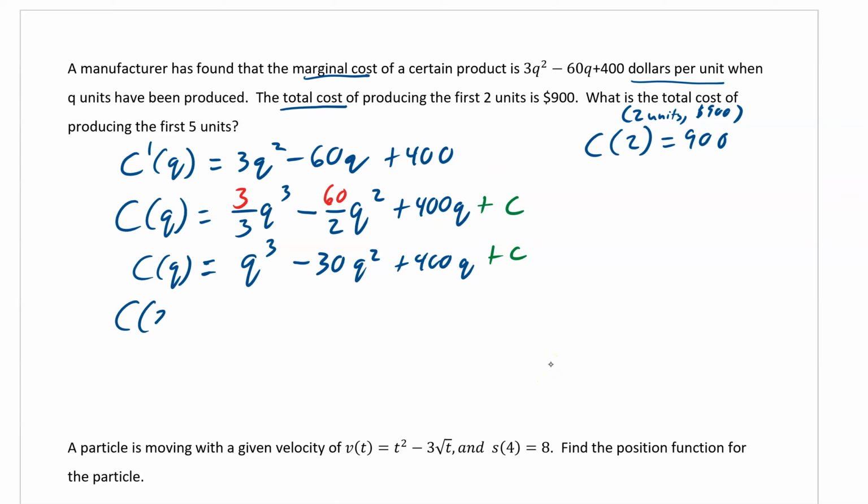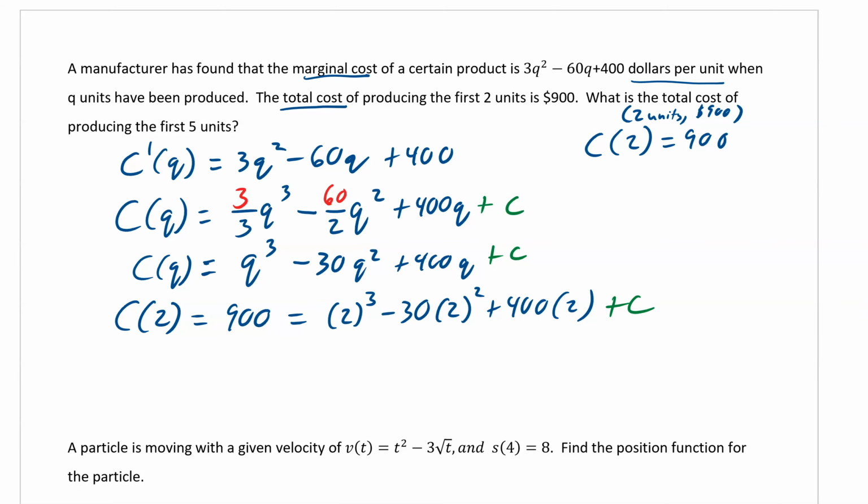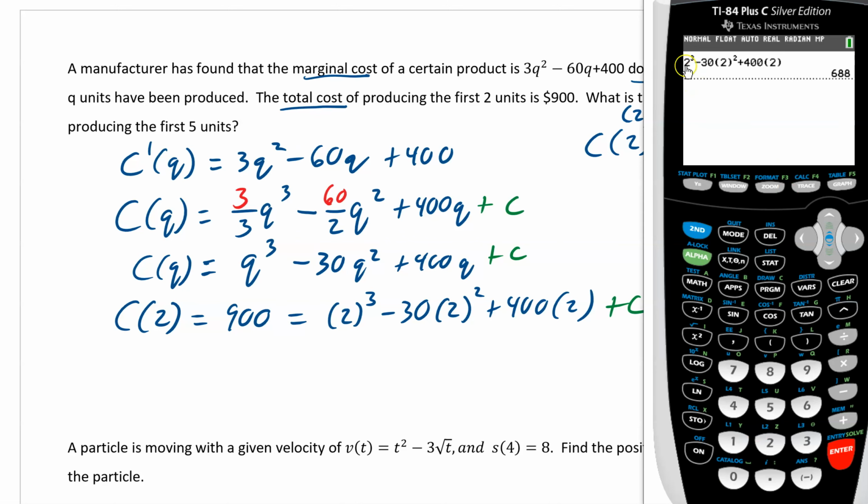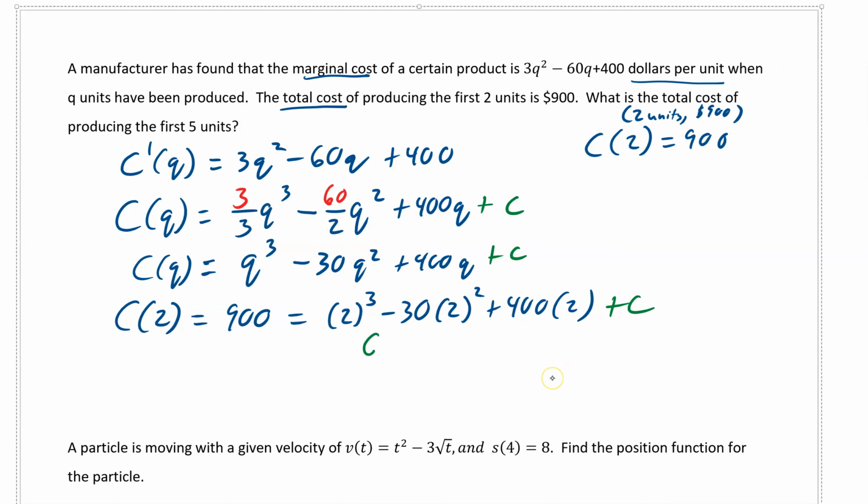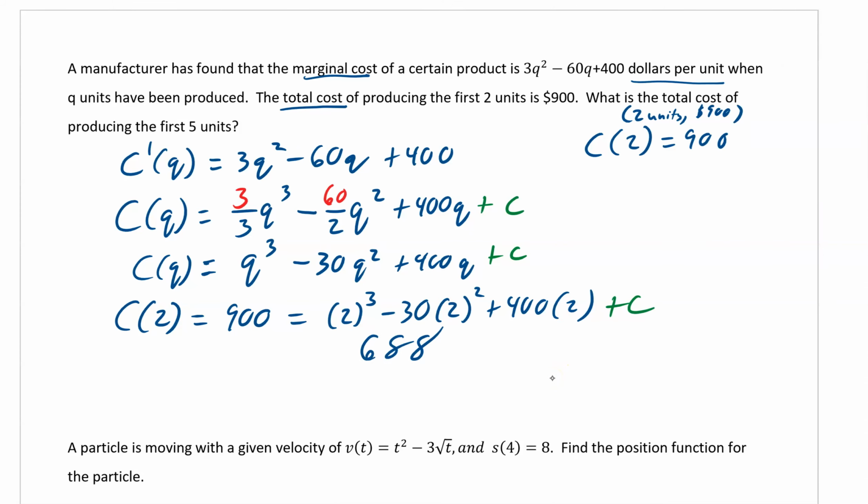So now if we plug in 2, we should get 900. So 2 cubed minus 30 times 2 squared plus 400 times 2 plus C. Plugging the right side in our calculator, we get that is equal to 688 plus C equals 900.